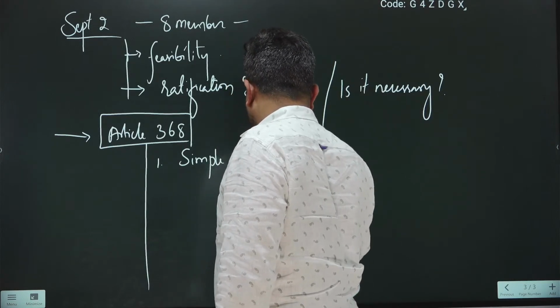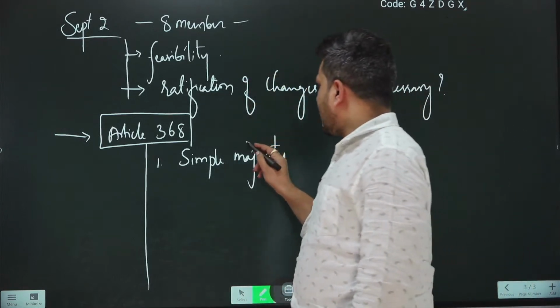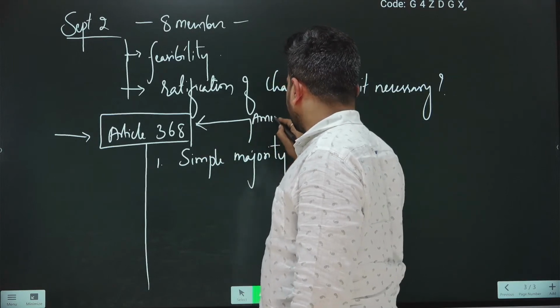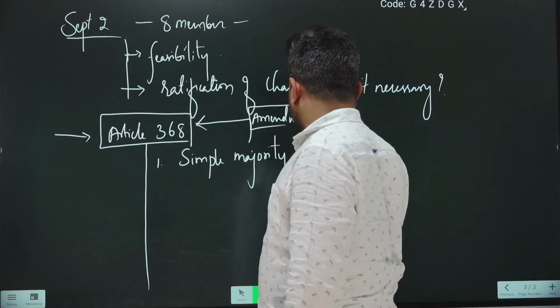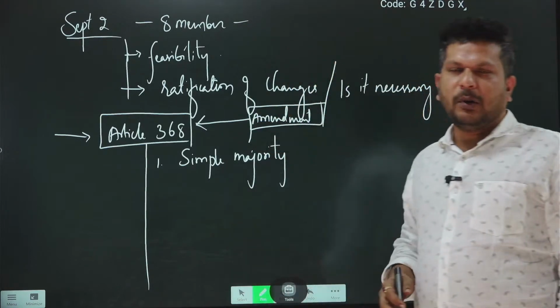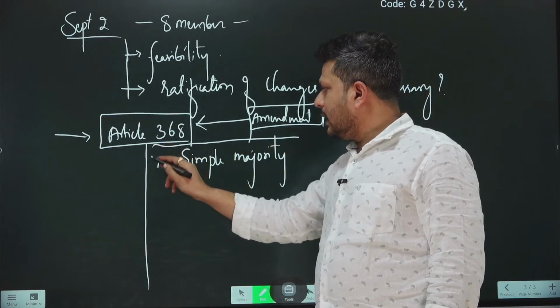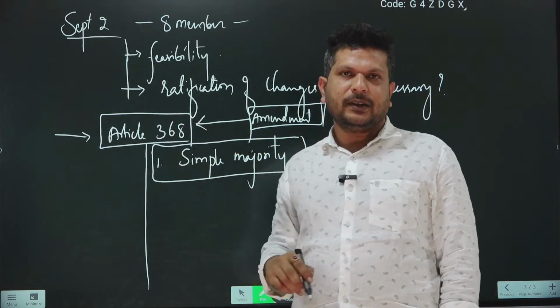However, those changes made using the simple majority concept are not considered as an amendment under Article 368. Very important statement, remember this. Any changes brought into the Constitution of India by simple majority are not considered as an amendment under Article 368.